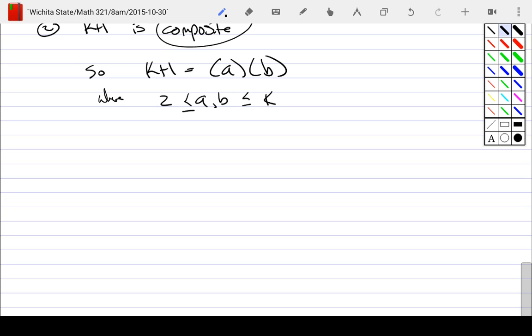To be prime, it only has the factors of what? 1 and itself. What does it mean to be not prime? Not that. 2 and less. Is everybody okay with that? Is everybody okay that because it's not prime, there have to be two numbers somewhere between 2 and k that multiply to become it? All right.